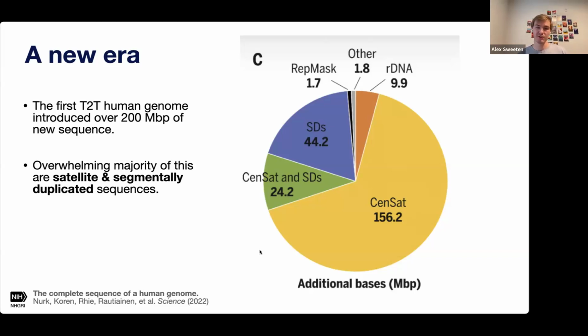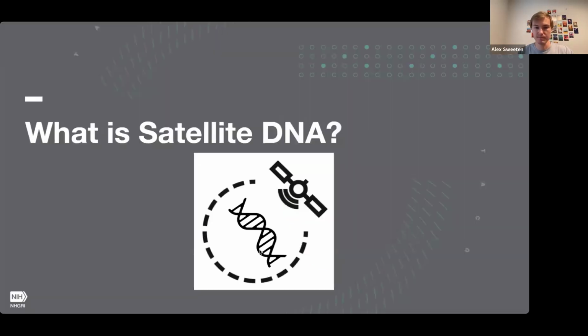Segmental duplications, these are just large duplicated blocks, make up a little over 1/4. rDNA, which is a very repetitive gene array present in the acrocentric chromosomes, makes up almost 10% of this. So just a lot of repeats are what have been added to the reference genome here.